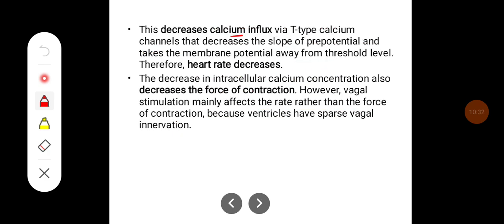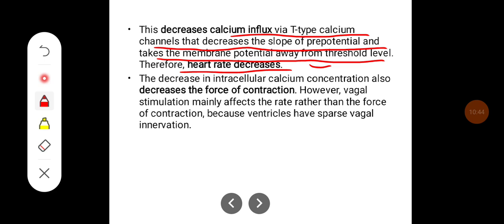This decrease in calcium influx via T-type calcium channels decreases the slope of the prepotential and takes the membrane potential away from the threshold level. Therefore, heart rate decreases. The decrease in the intracellular calcium concentration also decreases the force of contraction.